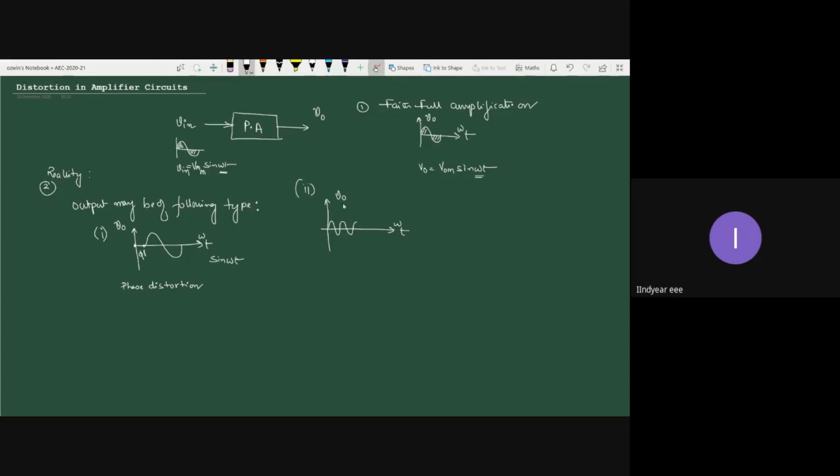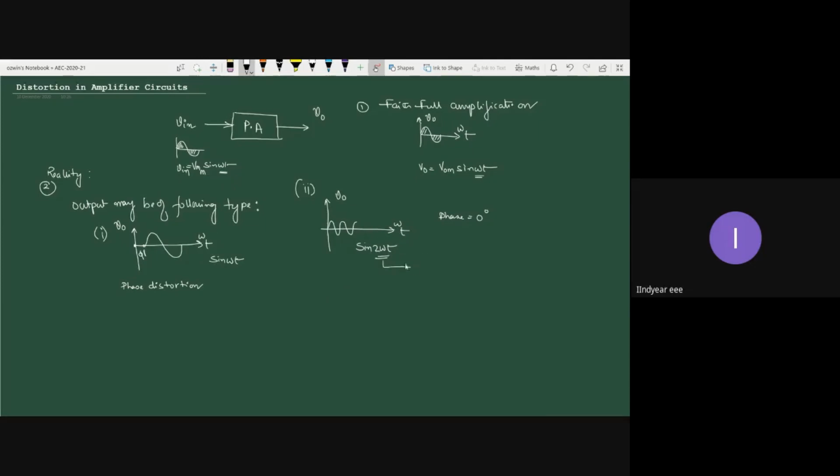Now in the second case, if you observe, the phase is 0 degrees. That means there is no phase distortion, but the equation of the sine signal is something like sin 2 omega t. The fundamental frequency of the input signal is omega, but the frequency of the output signal is 2 omega.